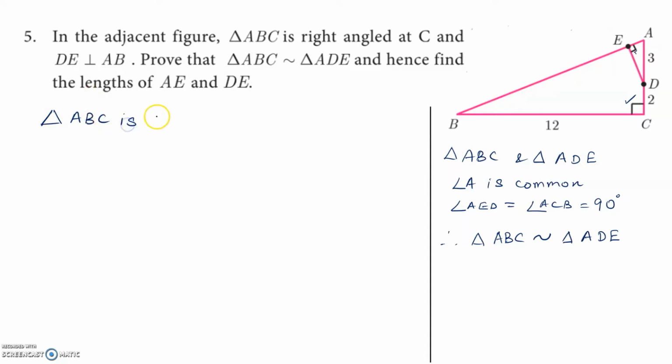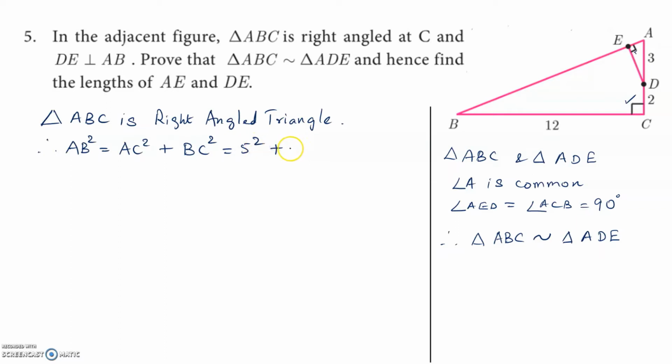Next, we can see that ABC is a right angle triangle. Therefore by Pythagoras theorem we can say the hypotenuse, which is AB squared, is equal to AC squared plus BC squared, and our AC is 5 squared plus BC is 12 squared, so that is 25 plus 144, and that is equal to 169.